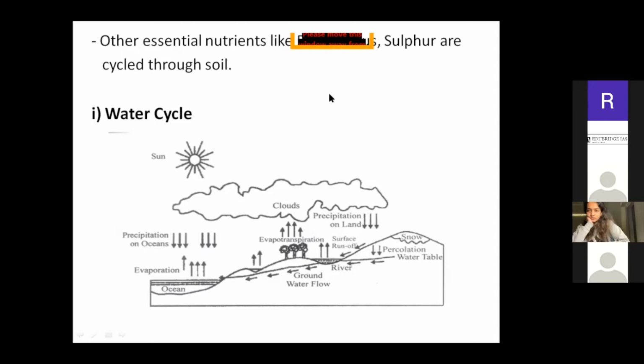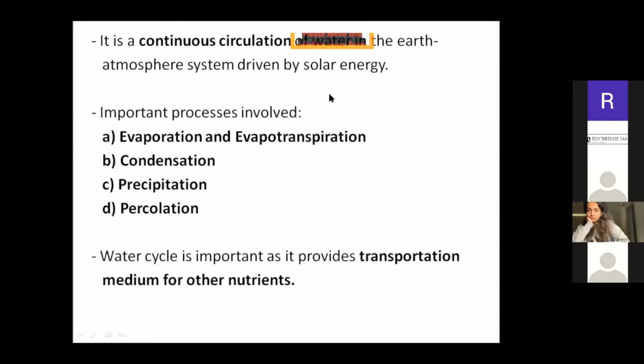You can see on your screen there are different processes that are involved in water cycle, like evaporation. So evaporation, then evapotranspiration. That means the evaporation of water through plants or through the canopies of plants. Then condensation, as this water is evaporated in the form of water vapor, it is condensed.